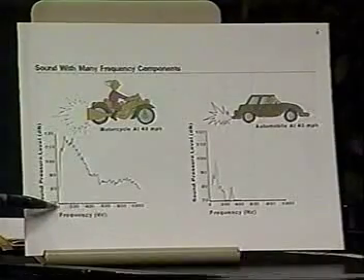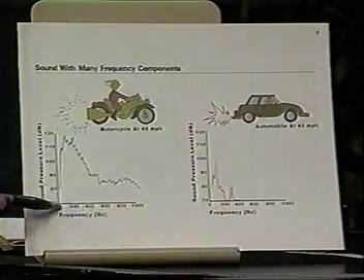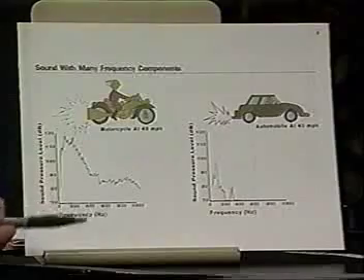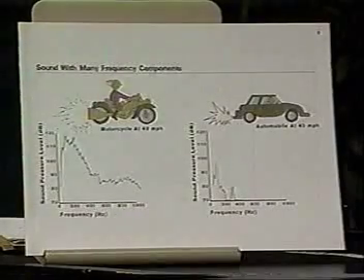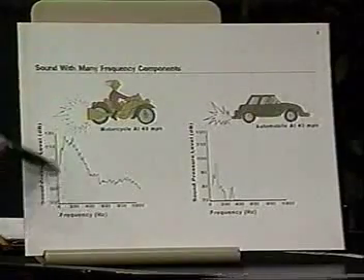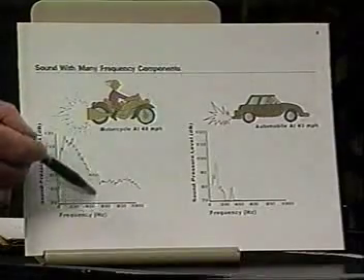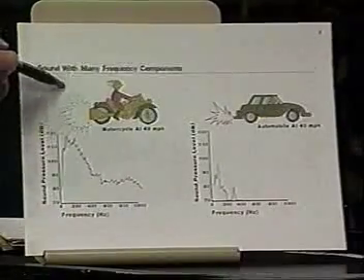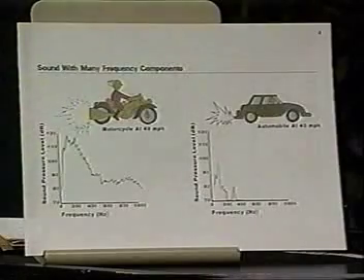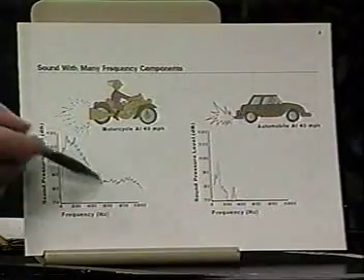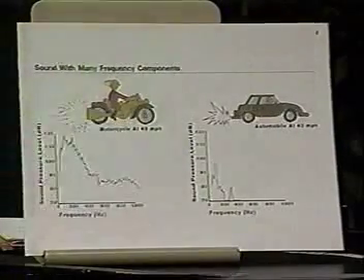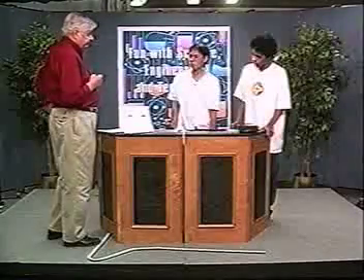Down here is 0 hertz, 200 hertz, 400 hertz, and so forth. If you look at this chart, what is it showing us? Down on these low frequencies, the sound this motorcycle generates as it's running down the road is much higher than it is up at the higher frequencies.